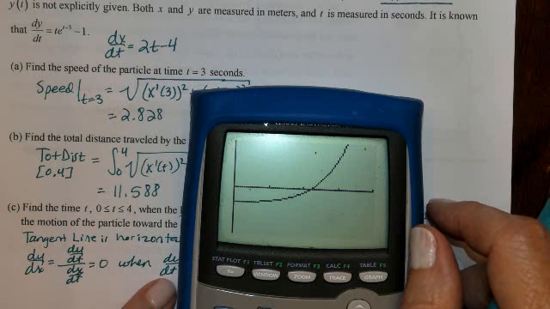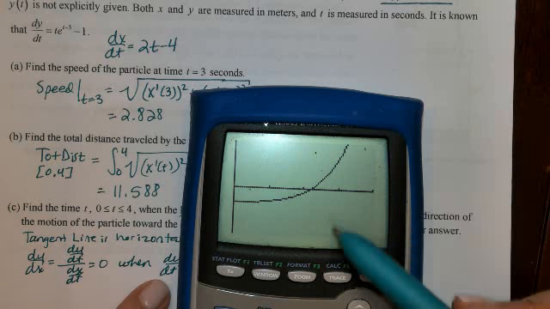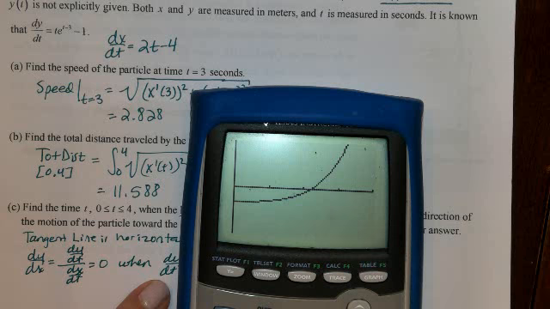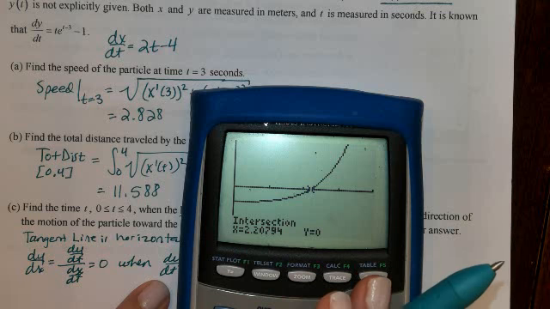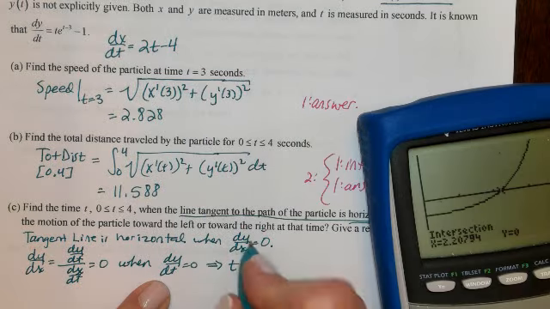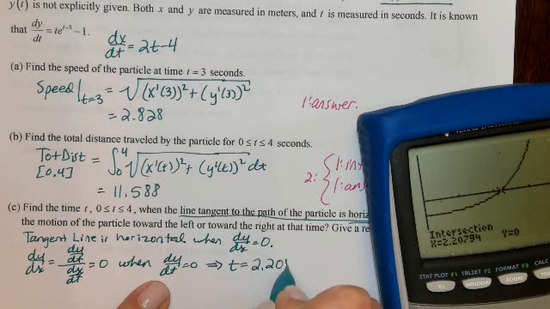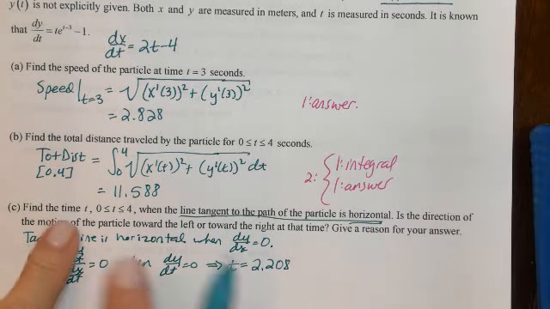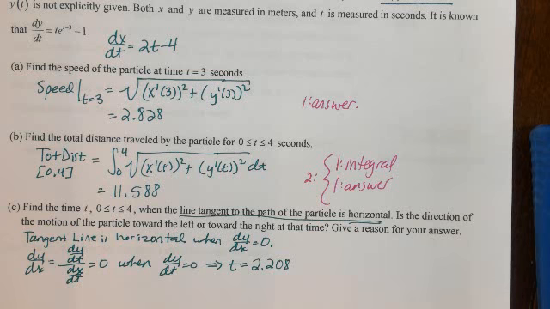So dy/dt is 0 at that time, right? So second calc 5, enter, enter, enter. So at time 2.208 or 207. Okay? So I found the time where the tangent line to the path of the particle was horizontal.